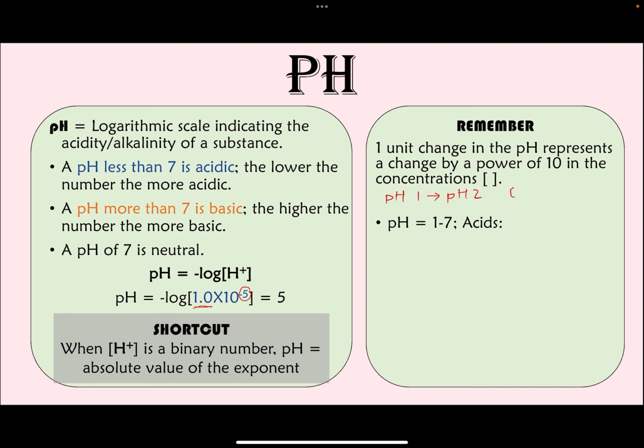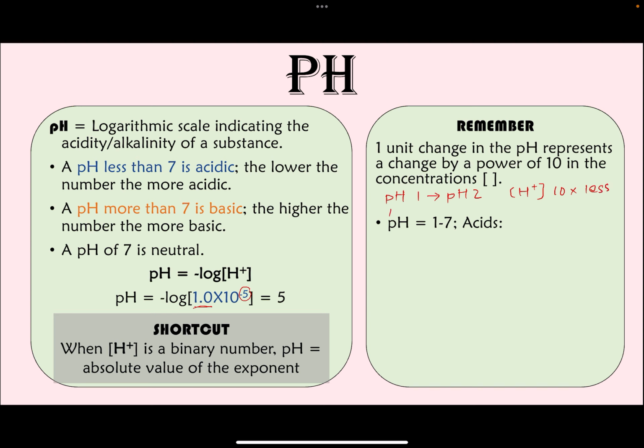So that means your hydrogen ion concentration is going to be lower, because remember, pH and hydronium ion or hydrogen ion concentrations are inversely related to each other, and that's because the lower the pH, the more acidic the substance is. So hydrogen ion concentration is going to be less, but how much? Because we are changing the pH by 1 unit, hydrogen ion concentration is going to be 10 times less.